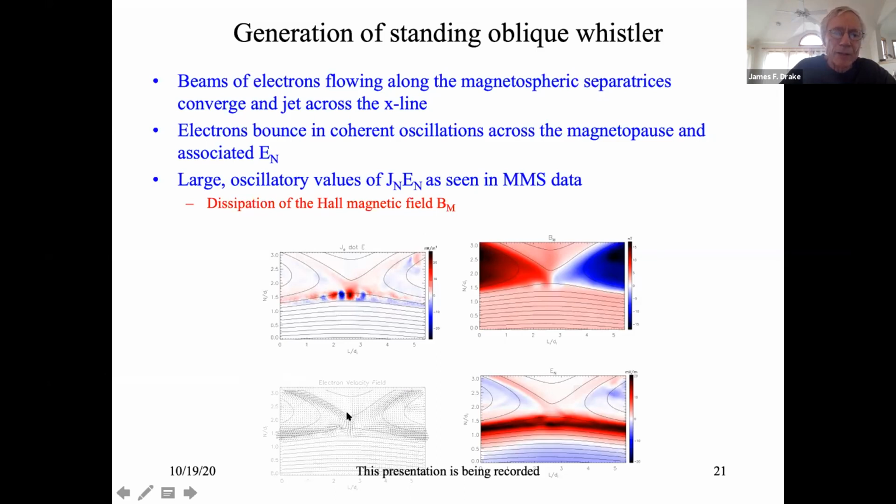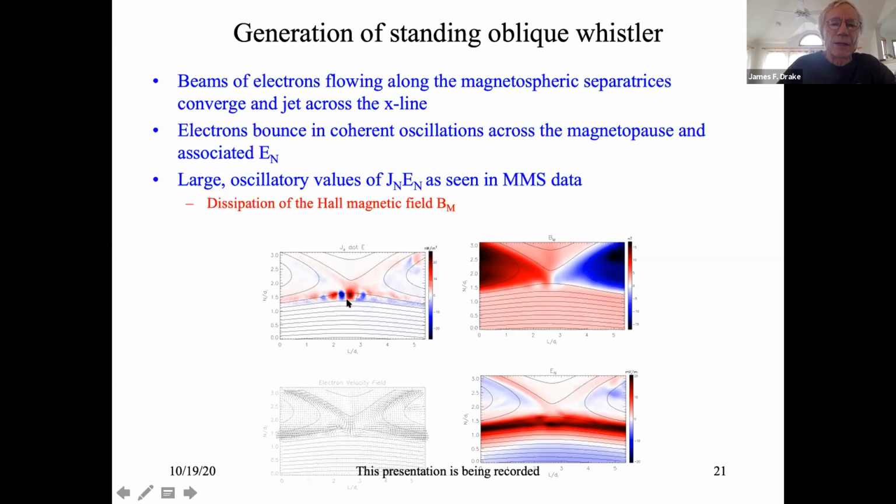And they bounce because their orbits are large, the magnetic field is weak here, and these electrons have very high velocity. They bounce back and forth. And remember that this is a very large E normal. Here it is. And those electrons are bouncing back and forth across E normal, and that means they're extracting and then giving back energy from that E normal electric field, and that's why you see these positive and negative values.